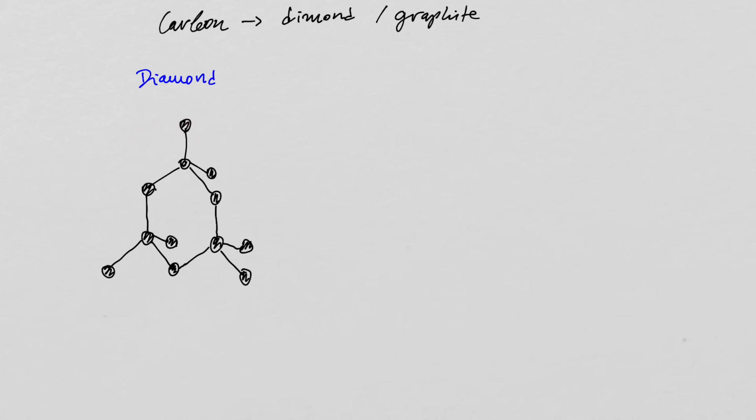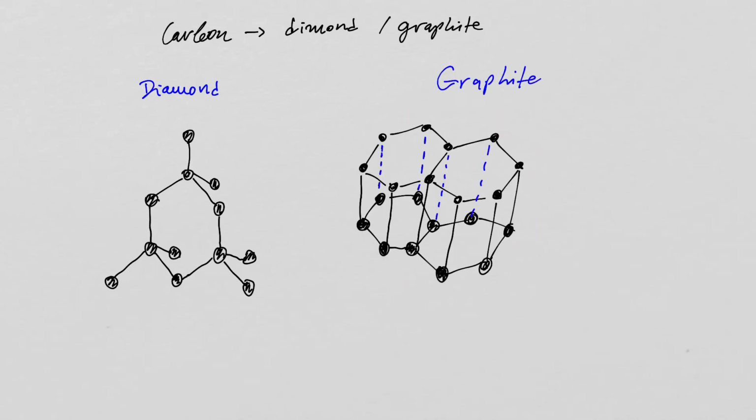Now let's look at the structure of graphite. This is an example of the crystal lattice of graphite. This basically consists of hexagons that arrange in planes, and the distance between the planes is larger than the distance between the atoms in those hexagons.